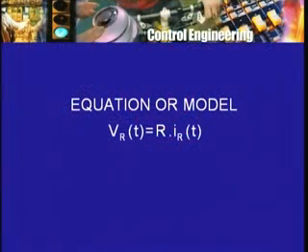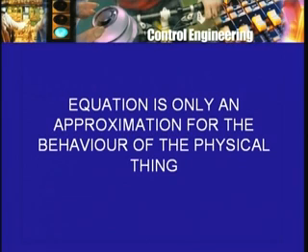But to come back to our point, an equation like V_R(t) equals R into I_R(t), with a particular value of R equal to 1.3 into 10 raised to 3, assuming V is in volts and I is in amps, an equation that we write for this physical device, this particular resistor, is only an approximation or an idealization, and that's about all we can say.